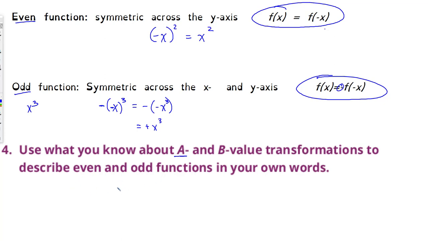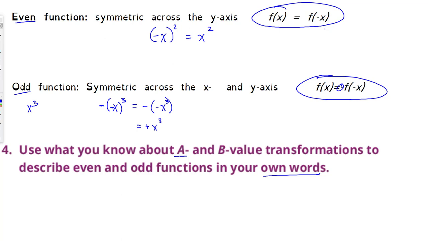Describe the odd and even functions in your own words. So think about, how would you word that? You see a double definition. Well, that's the plug-in part, but how would you describe the transformations?